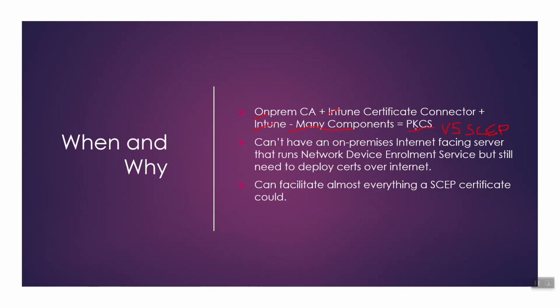So PKCS is the usage of the on-prem infra, the Intune certificate connector, which is a connector which we install in one of the servers, which does the connection between Intune and your on-prem, and obviously the Intune portal, minus many components which we would ordinarily use in case of SCEP deployment. I am going to come to these components in the next slide, wherein I'm going to talk about what components are not needed in PKCS versus SCEP.